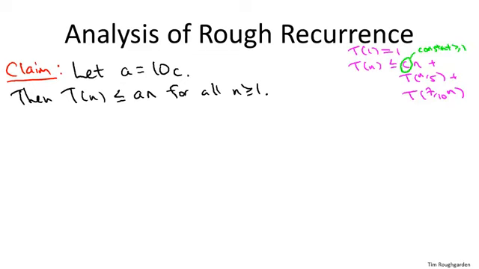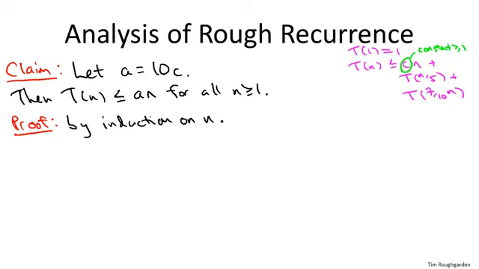Now I realize I pulled this constant a out of nowhere, right? Why 10 times c? Well, if you recall our discussion when we proved that things were big O of something else, there again there was some constant. So to formally prove that something is big O of something else, you have to say what the constant is. And in the proof, you always wonder, how do you know what constant to use? So in practice, if you have to actually do one of these proofs yourself, you reverse engineer what kind of constant would work.